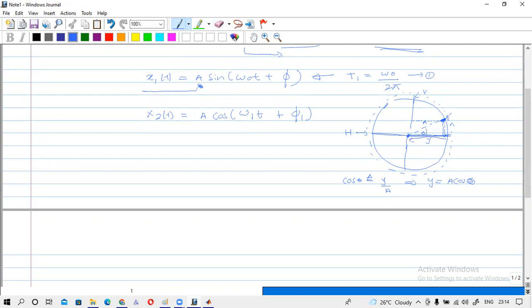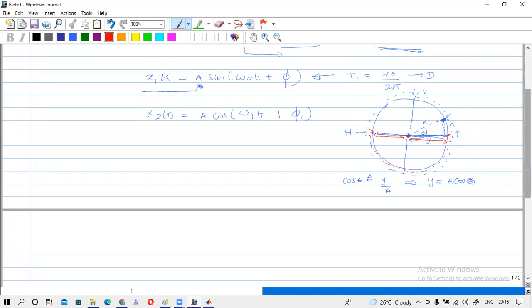When the point is moving from here to here, this projection will move from here to the origin, to the center. Then the particle moves from here to here, and this projection also moves along this horizontal diameter to this point. Then the point moves from here to here, and the projection moves from here to here. And as the point moves here to here, again this projection moves here to here. So it completes one cycle.